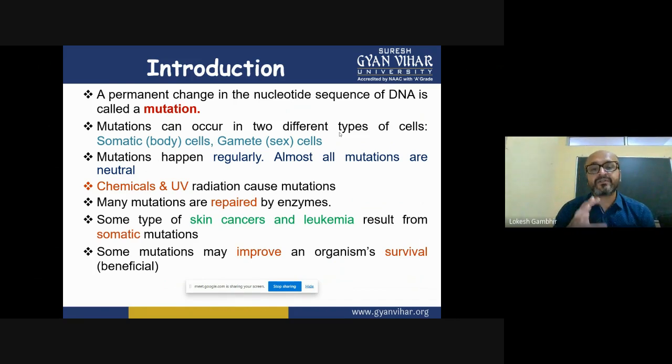But if a mutation happens in the enzymes responsible for repairing that error, then the error will stay static in the DNA sequence and be propagated. No repair has happened. That may also lead to mutation.